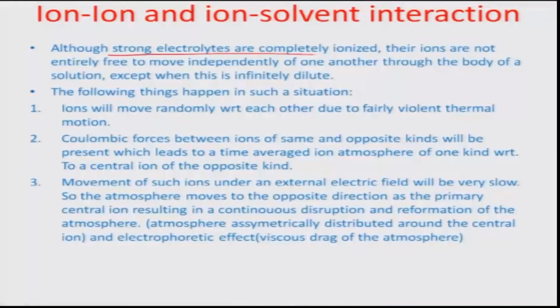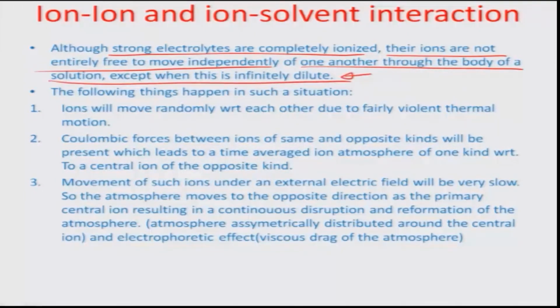So although strong electrolytes are completely ionized, their ions are not entirely free to move independently of one another through the body of a solution, except when it is an infinitely dilute solution and the mean free path is almost infinite for an ion to move. So the following things or events may happen in such a situation.